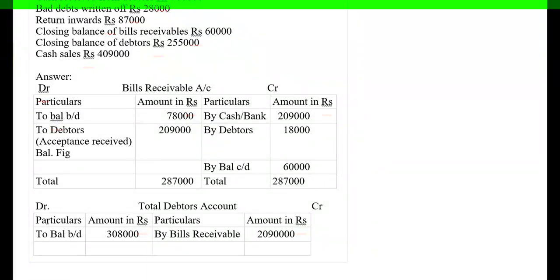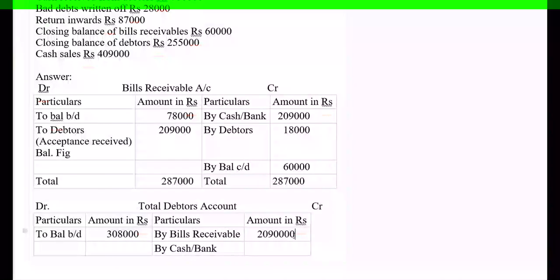Then in the problem we are given the cash received from debtors. When the cash is received, the entry will be cash or bank account debit to total debtors. So total debtors account is credited by cash or bank account. The cash received is given as rupees 7 lakh.